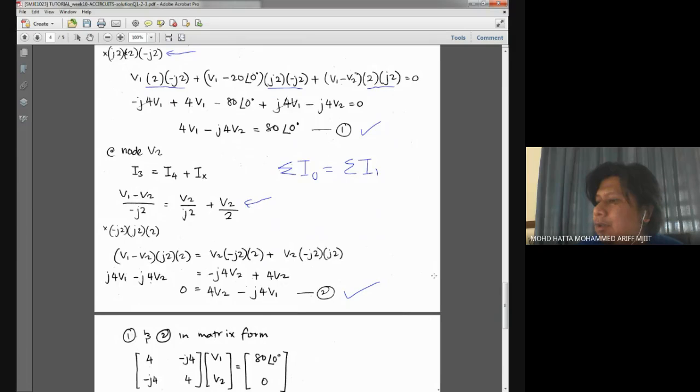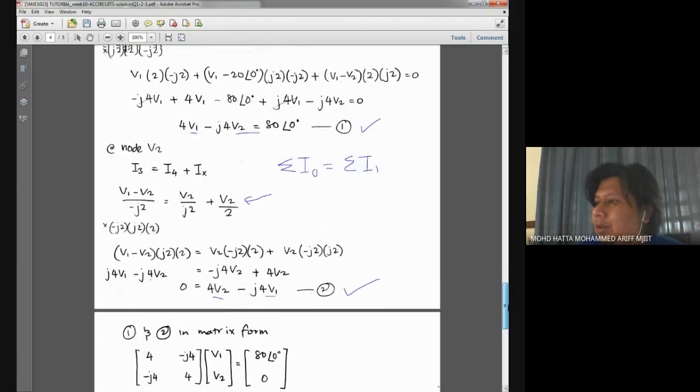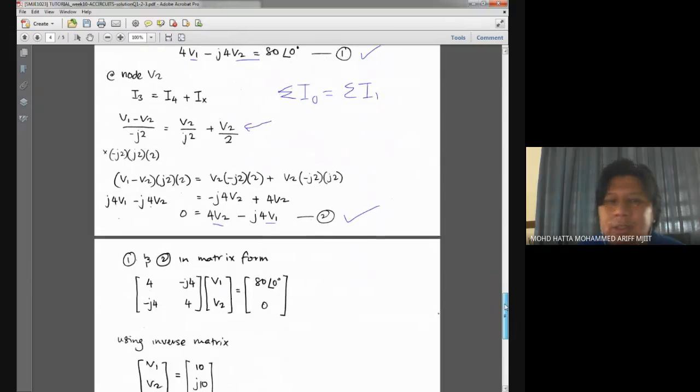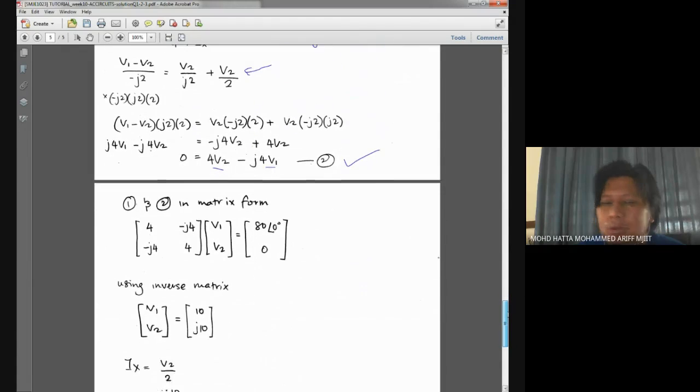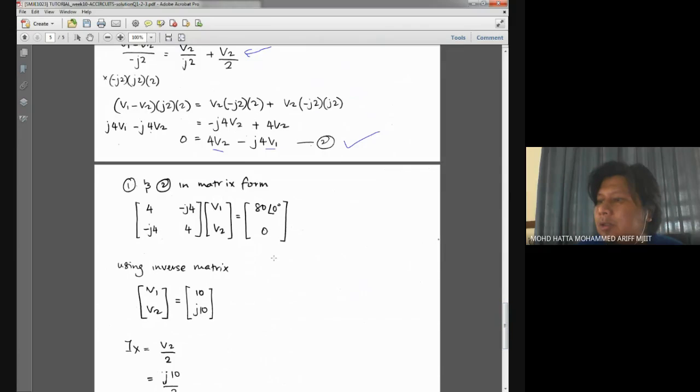Then, since I have two unknown variables in both equations, I need to determine V1 and V2 by using simultaneous equations. In my solution, I will use the inverse matrix, because it is very simple for me since I'm using MATLAB.